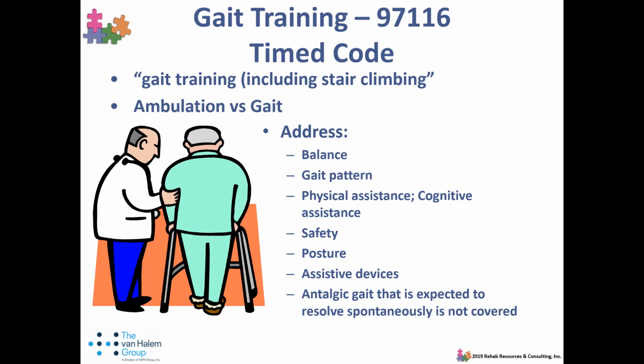Perhaps how the patient's safety is improving, their posture is improving. And again, trying to measure these with as many objective measures as possible. That's why standardized tests are good: the Berg Balance Test, the Dynamic Gait Index. These things are important to ensure that you can support the medical necessity of repetitive gait training.